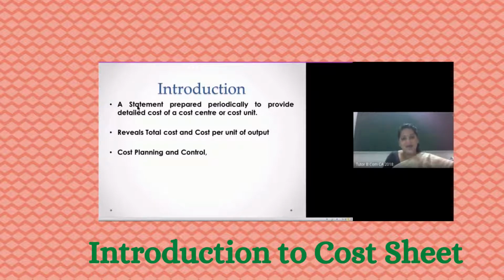Then we find out the total cost. Also, we add our profit margin to arrive at our final selling price. That is the format followed in preparing a cost sheet.